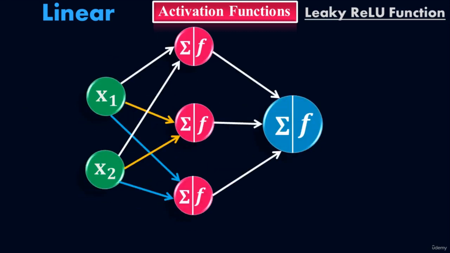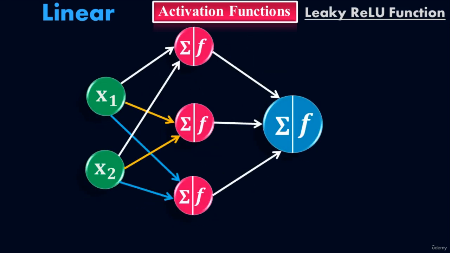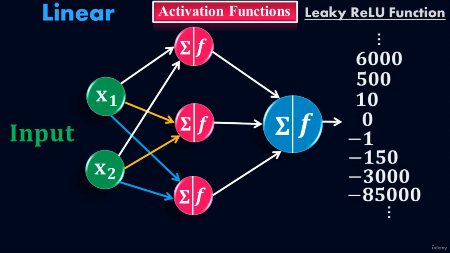Now let me show you a simple neural network. This is a simple neural network where we have used the leaky ReLU activation function. Here is my input. I want to pass the input here, and the output will be from negative infinity up to positive infinity.